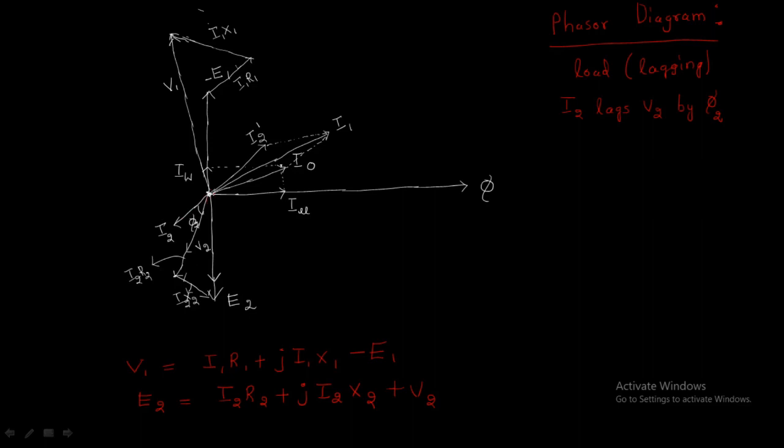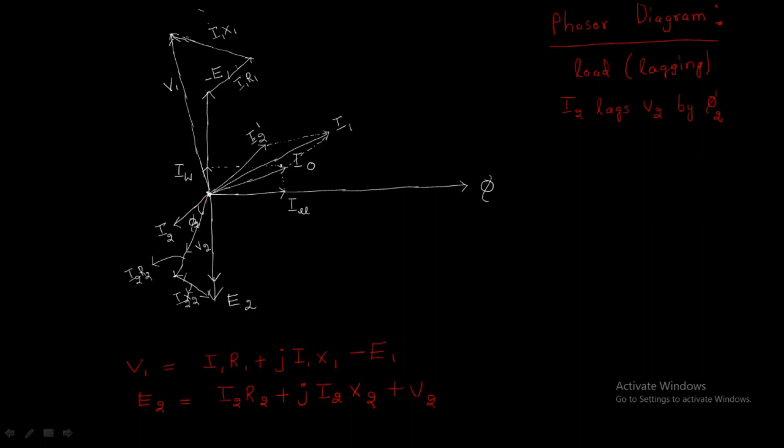And first we have to make the no load current. The magnetizing current I mu is always in phase with V. First you draw the I mu here, and IW in phase with E1. Then combine both I mu and IW, and you will get the I naught here. Exactly opposite of I2 we have I2 dash, so just draw the opposite of I2.